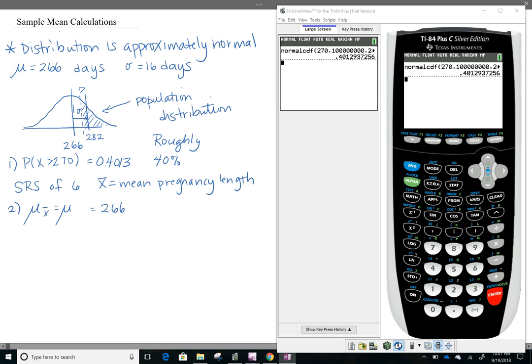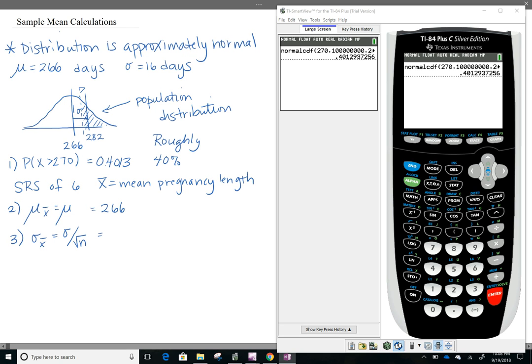Now I want to know the standard deviation. The standard deviation of the sampling distribution is not the same as before. There's less variability than in the population distribution. So what I do is I take the population standard deviation and divide that by the square root of my sample size.